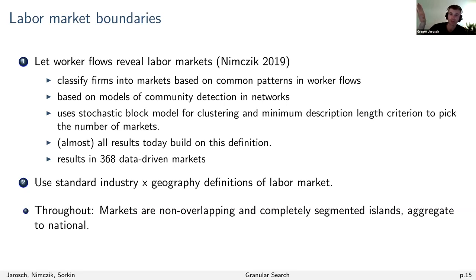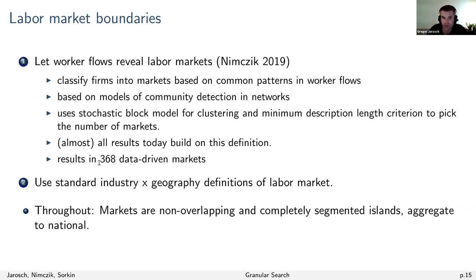Here we follow a method that Jan developed in his job market paper, that uses worker flows revealing which firms are clustered together in a labor market. Loosely speaking, if I see a lot of people move from firm A to B and no people move from firm A to C, then we're grouping A together with B rather than C. That's just loosely speaking what it does.